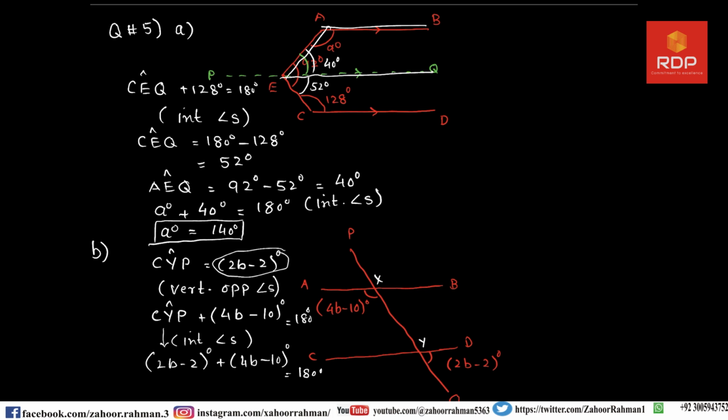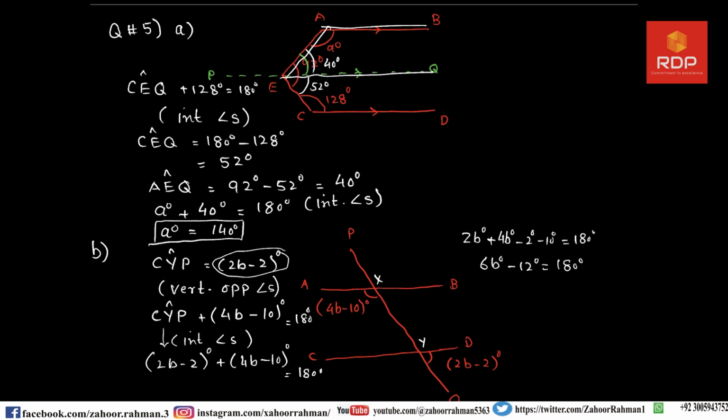So I am going to this side, 2b degrees plus 4b degrees minus 2 degrees and minus 10 degrees is equal to 180 degrees. So this will be 6b degrees minus 12 degrees is equal to 180 degrees.